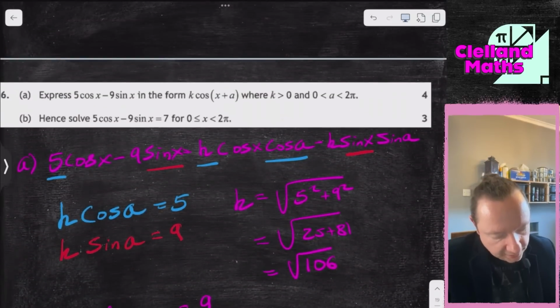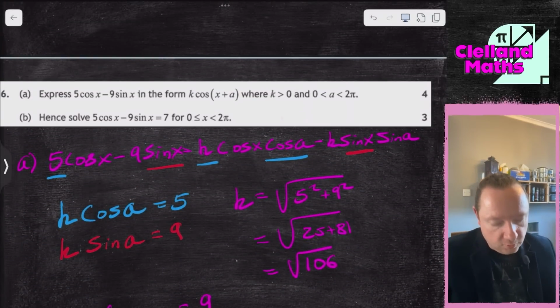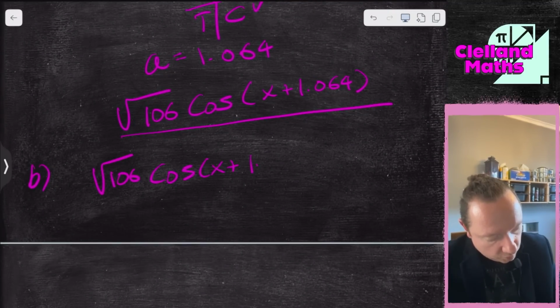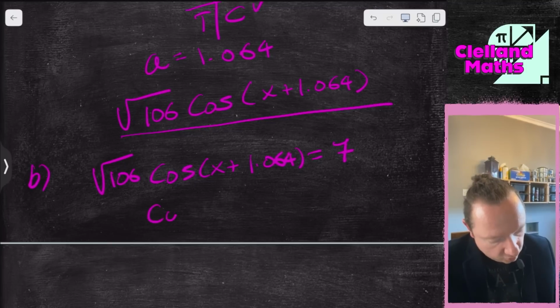B says, hence solve 5 cos x minus 9 sin x equals 7 between 0 and 2 pi. Well, it's the same equation, so I just make that equal to 7. Root 106 cos(x + 1.064) equals 7. So divide by the root 106.